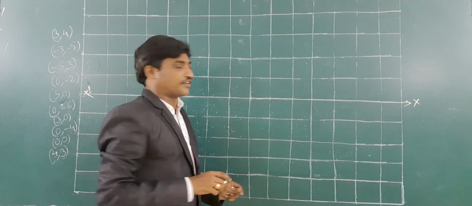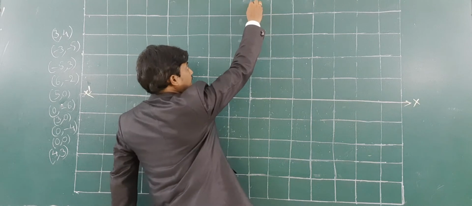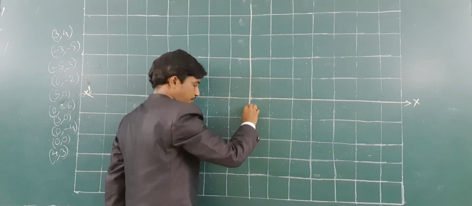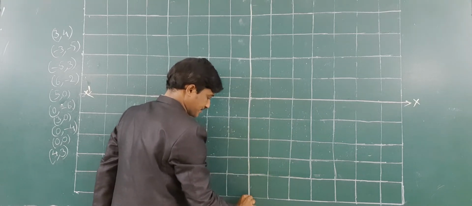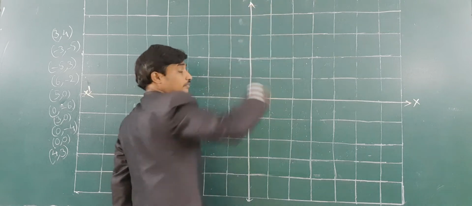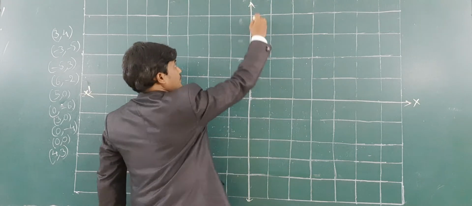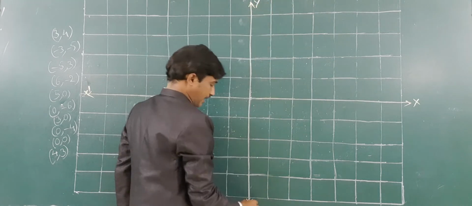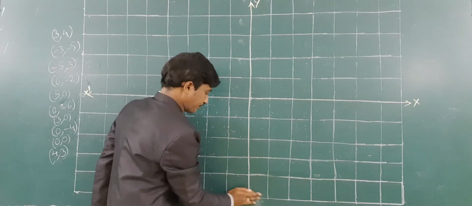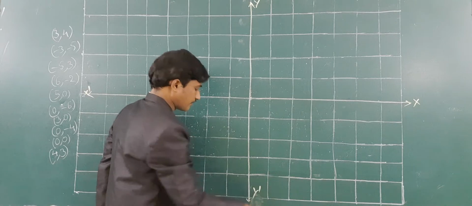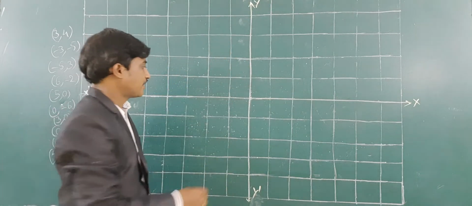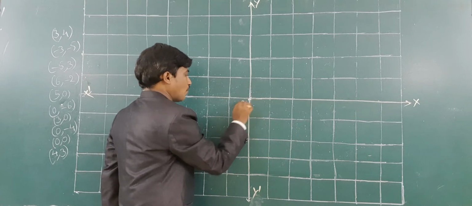Draw one vertical reference line which is perpendicular to the x-axis. Let us name it as Y dash, Y dash. Name the intersecting point of x-axis and y-axis as origin O.